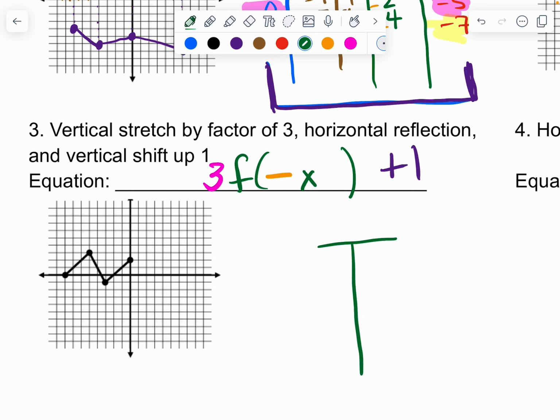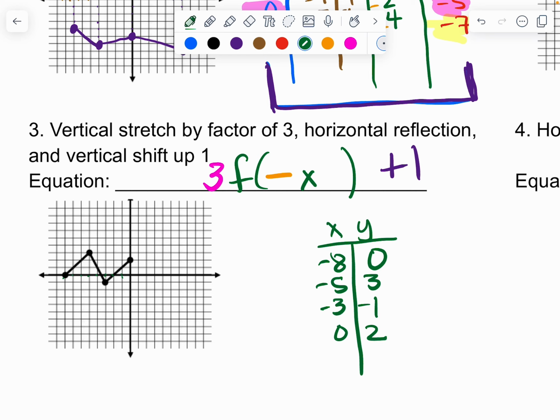So this is going to be, let's see, 1, 2, 3, 4, 5, 6, 7, 8. -8, 1, 2, 3, 4, 5. -5, 3. 1, 2, 3. -3, -1. And 0, 2.